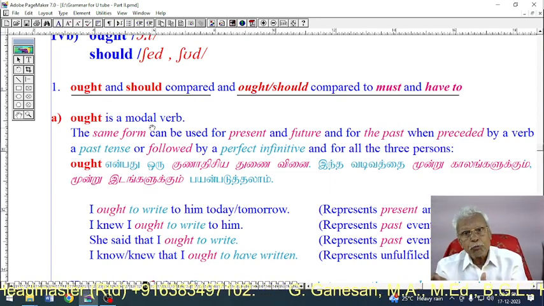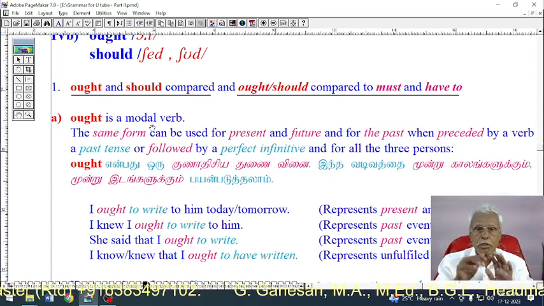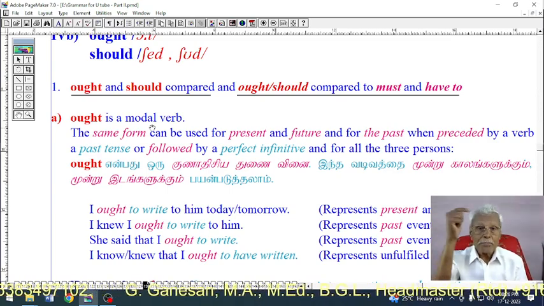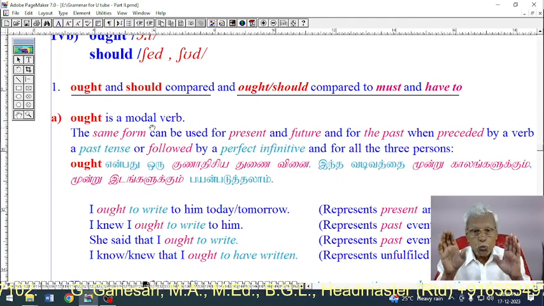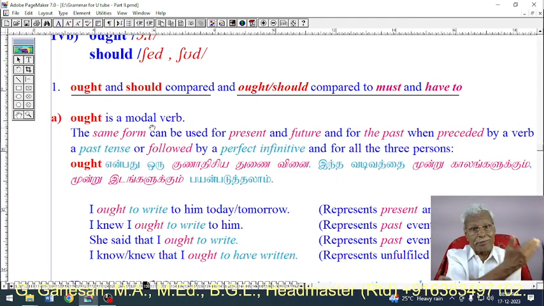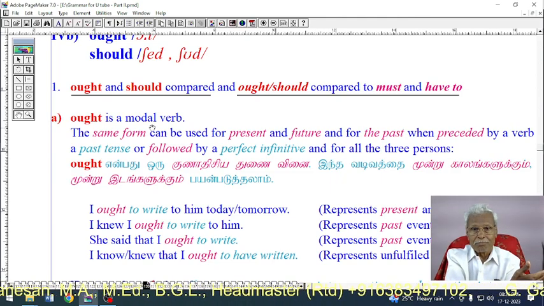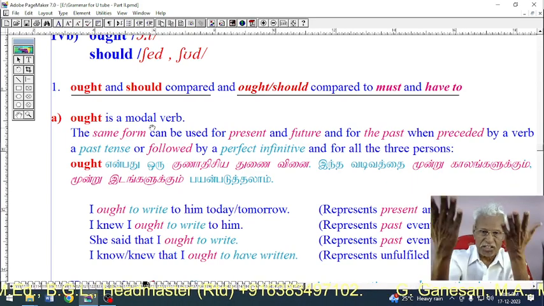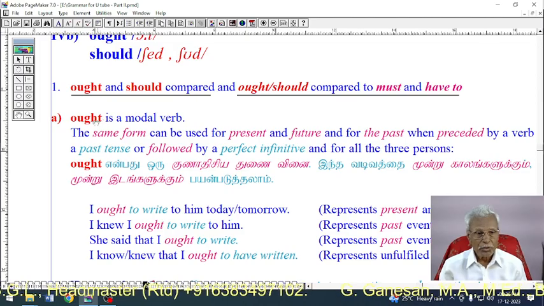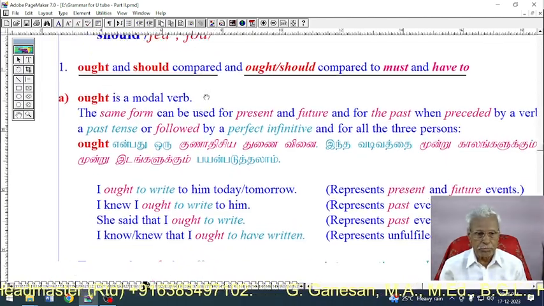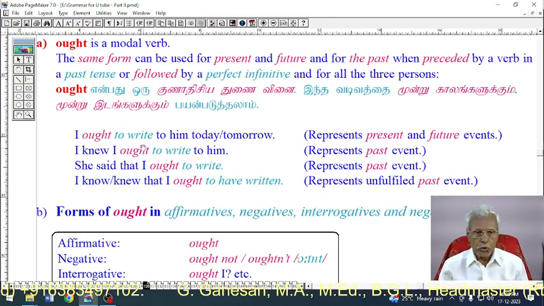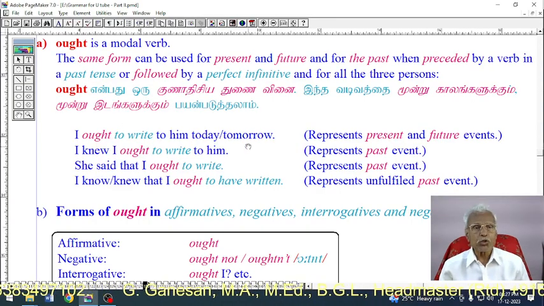To refer to present and future, ought is followed by a present or future verb. But to represent a past action, it should be followed by a perfect tense. I ought to write to him today or tomorrow.